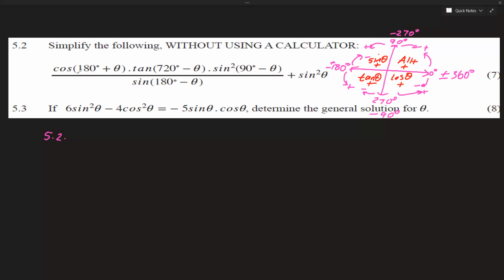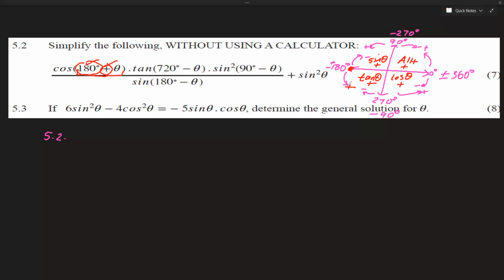Here we have 180 plus. Now you just check the value and the sign. 180 is here, in between the second and the third quadrant. And then there's a plus sign. So from 180, if I'm having plus, it means I'm going down.